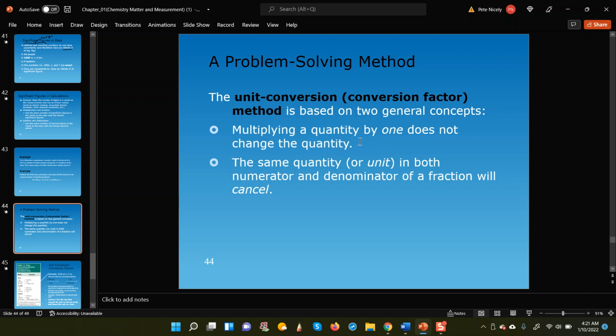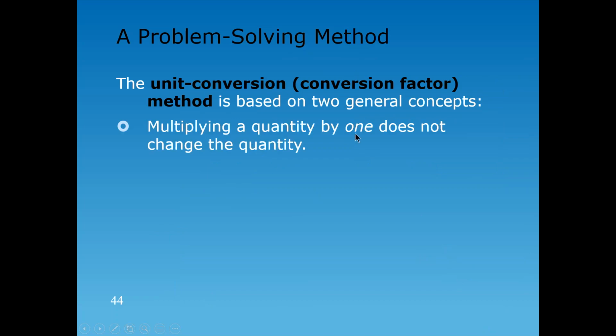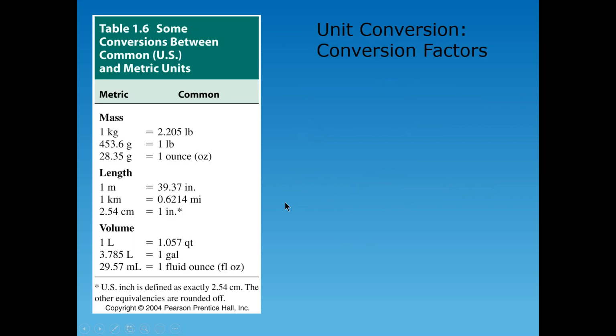So the first thing we need to understand when it comes to these conversions is what is stated here. Multiplying a quantity by 1 does not change the quantity, right? And then the second thing that is being noted here is that the same quantity or unit in both numerator and denominator of a fraction will cancel. That will be involved, as you're going to see in the examples that we're going to look at shortly.